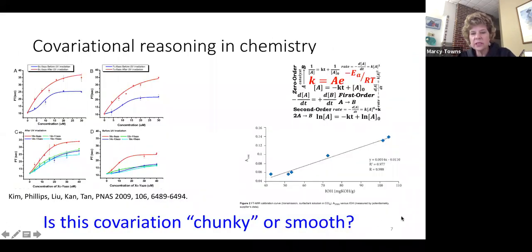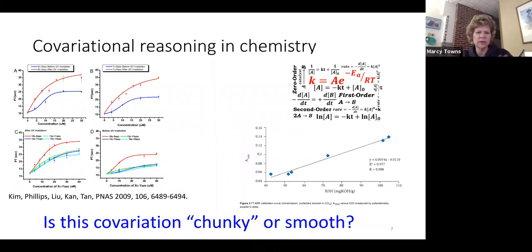So one of the really tough things that comes up when you talk about covariational reasoning, and it is true for all the sciences, is that this covariation is inherently chunky, okay? Very often what we do in lab is we go in and we take data, and we don't necessarily take 10,000 or 20,000 data points.